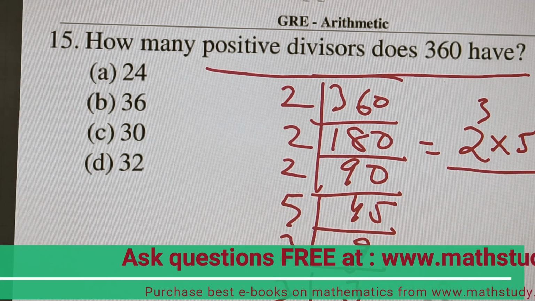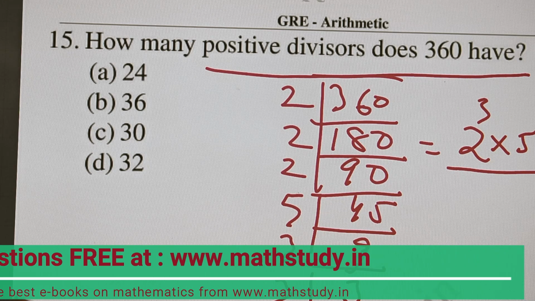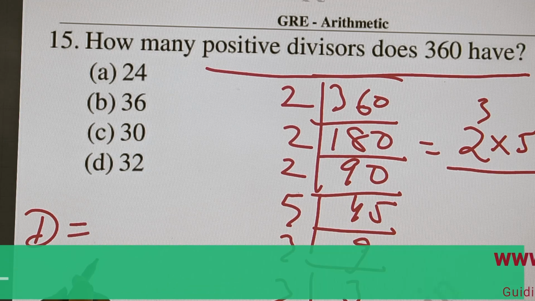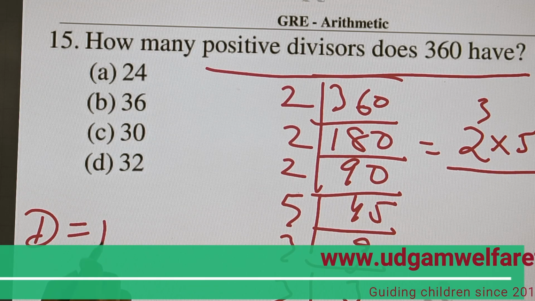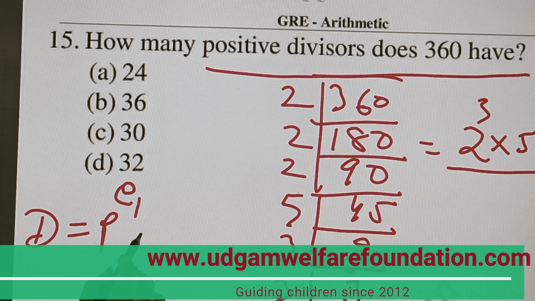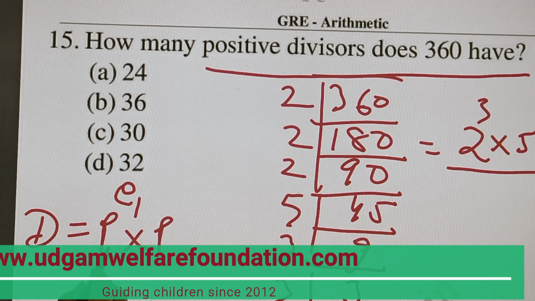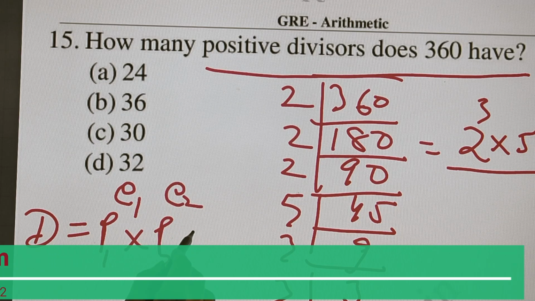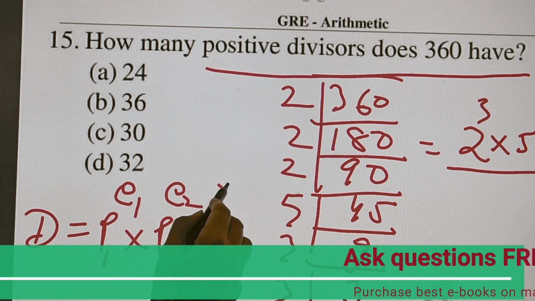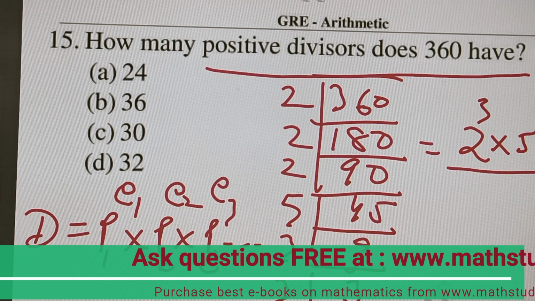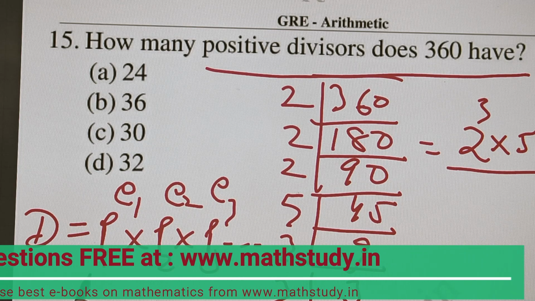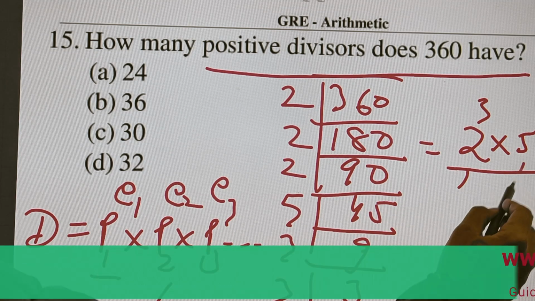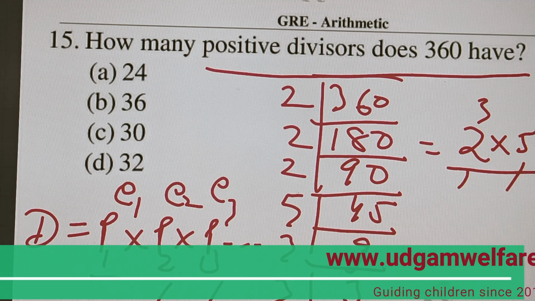Now we have to use the divisor formula here, which states that the number is p1 raised to the power e1 into p2 raised to the power e2 into p3 raised to the power e3, and so on. So here, if we compare, p1 is 2 and p2 is 5 and p3 is 3, right?